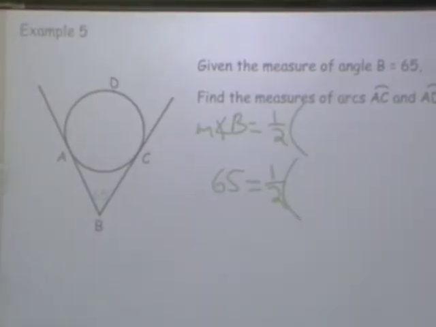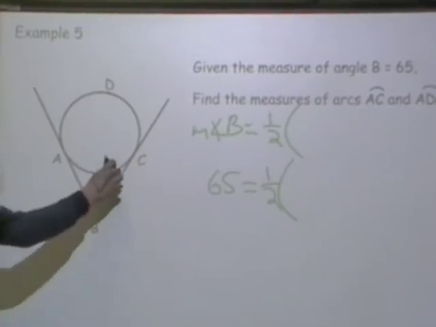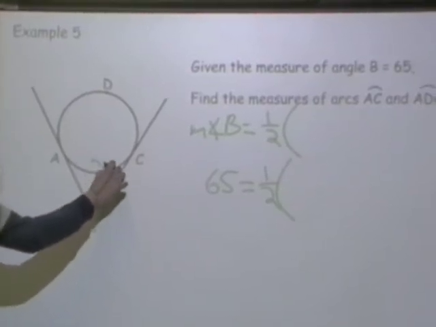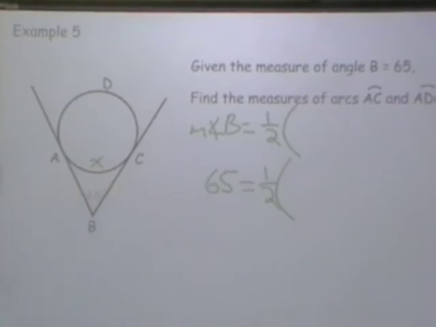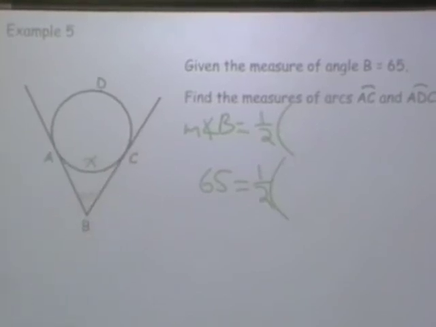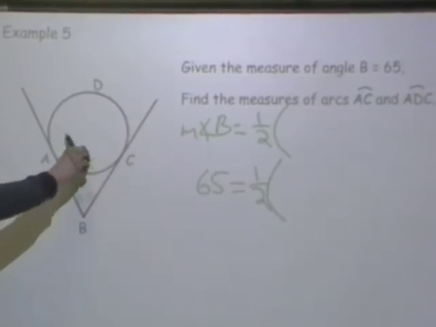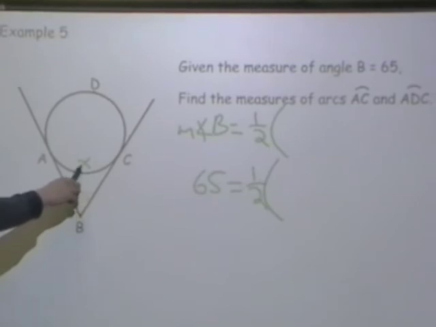So in algebra, we know if we don't know something, we assign it a variable. I'll assign the smaller one an x. Arc AC is now x, which means I can represent arc ADC in terms of x, knowing that the entire circle all the way around is 360. This piece and this piece together add up to 360.